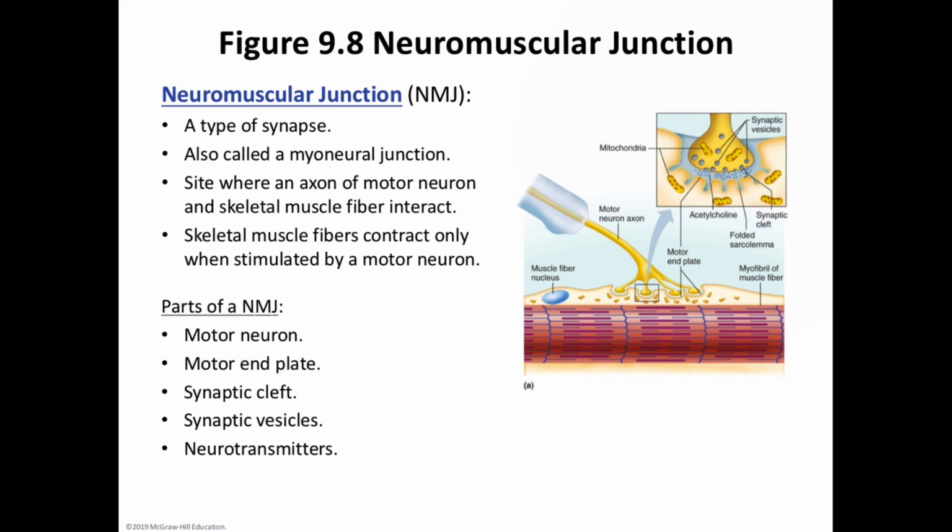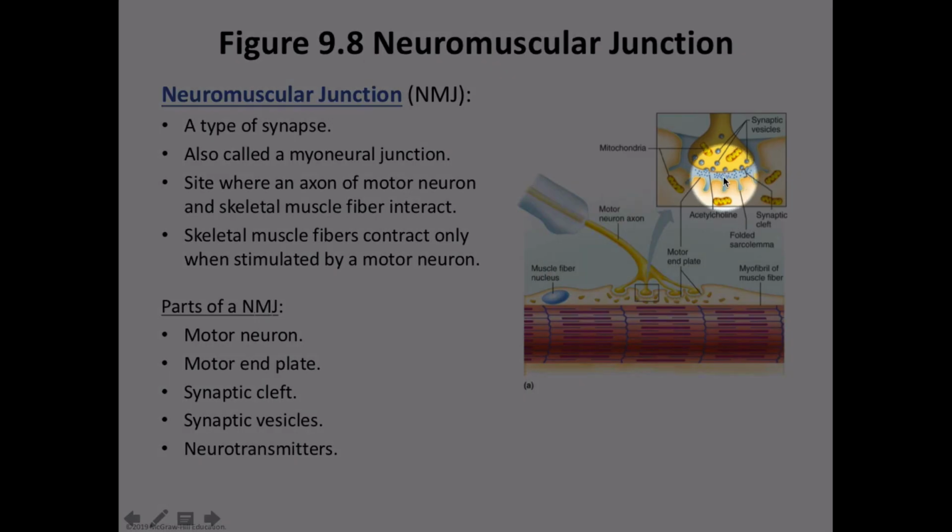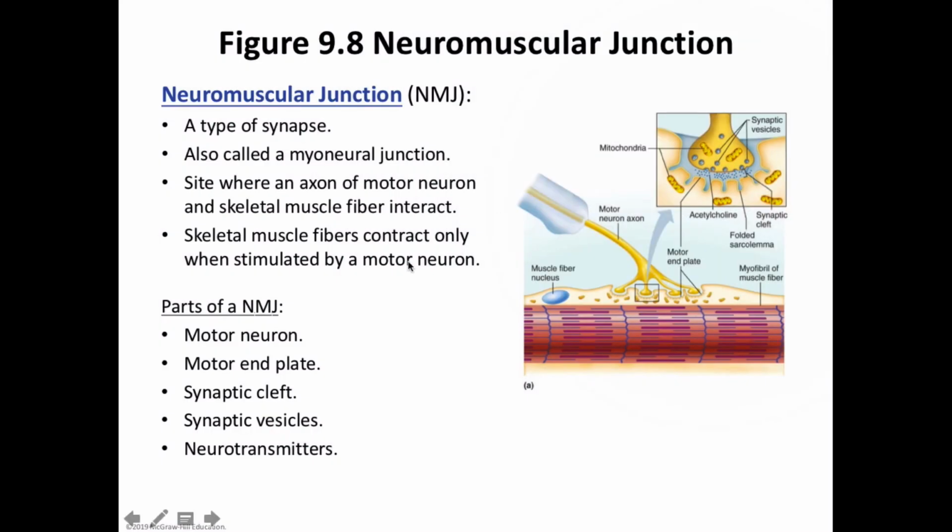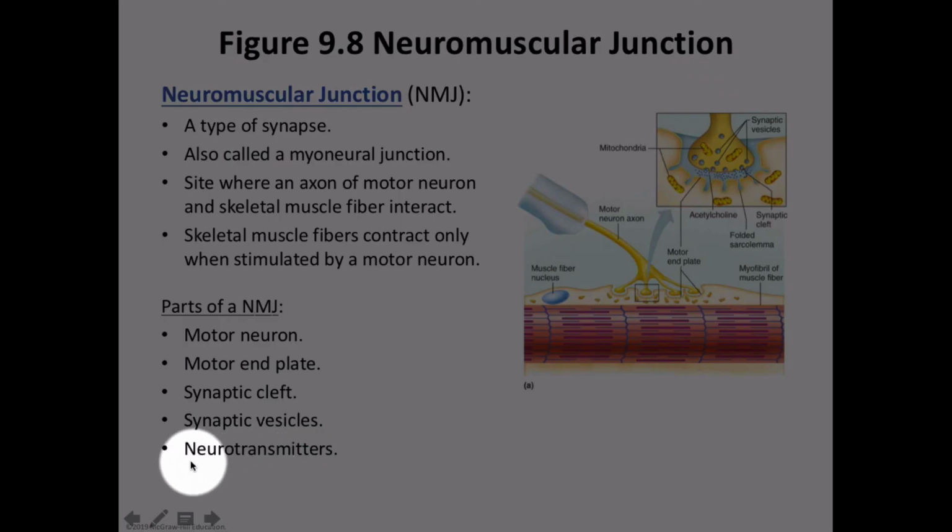A nerve impulse must firstly be electric. Then it's changed into a chemical messenger, listed here as acetylcholine, a neurotransmitter.